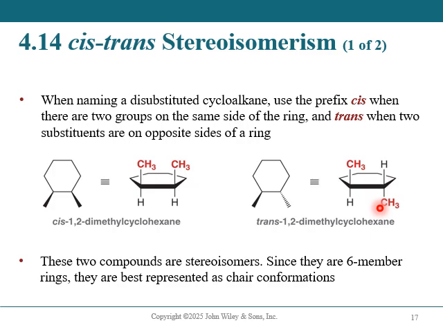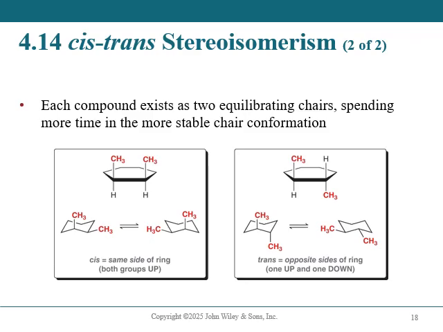That also happens when you have a double bond, for example. And because of that, they are stuck in either cis or trans position, and that is something that we need to be able to identify properly. Each compound exists as two equilibrating chairs, spending more time in the more stable chair conformation, so either the equatorial positions or the axial positions.